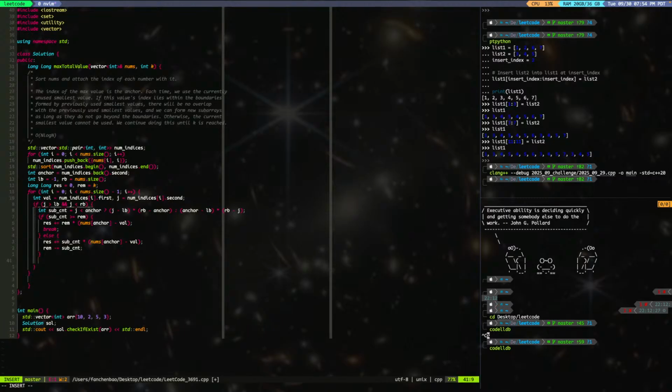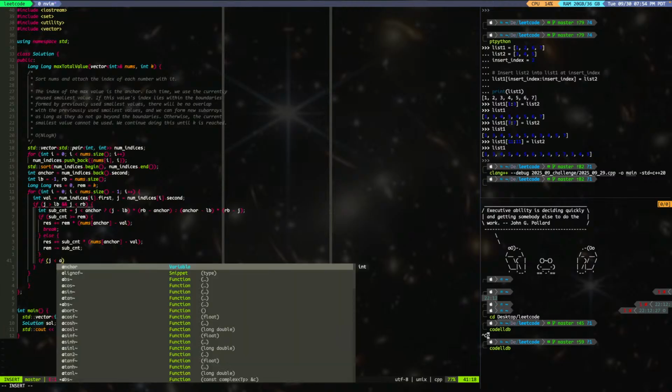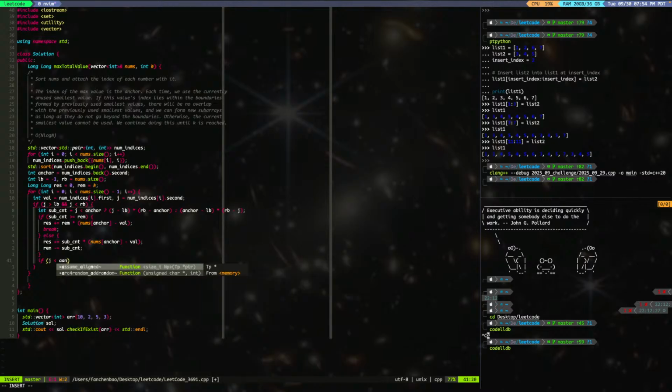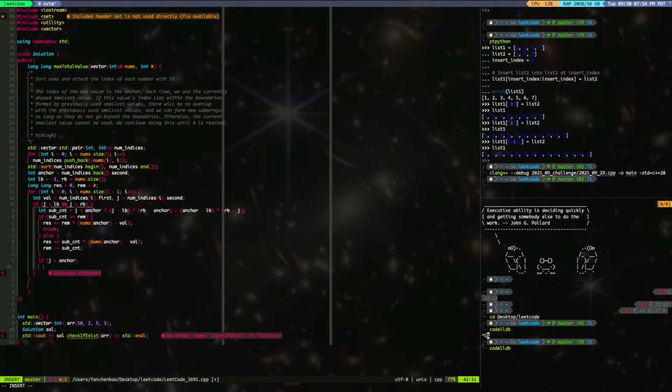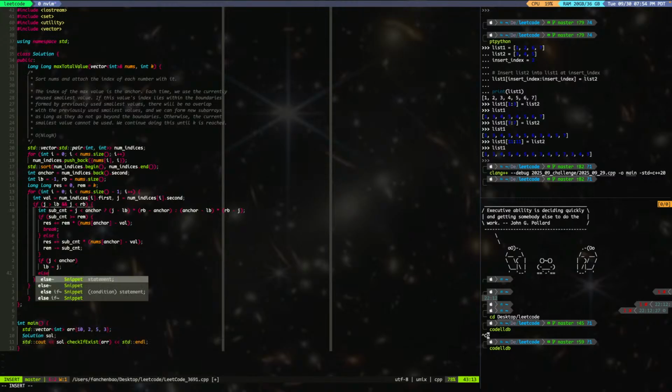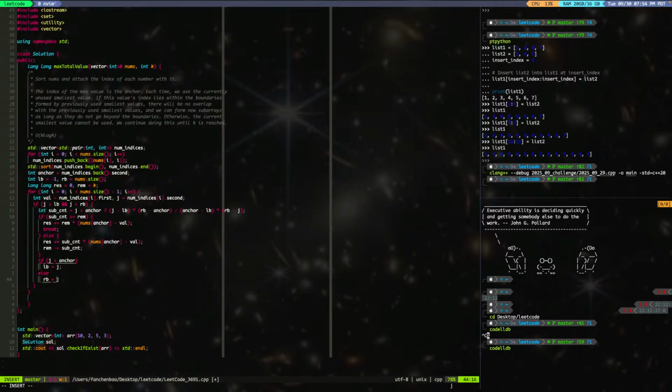So again, if j is smaller than anchor, then left bound should equal j. Else, right bound equal to j, right? Right bound is j if j is larger than anchor and is smaller than right bound. So we'll keep doing this until we get out, and we will return res.